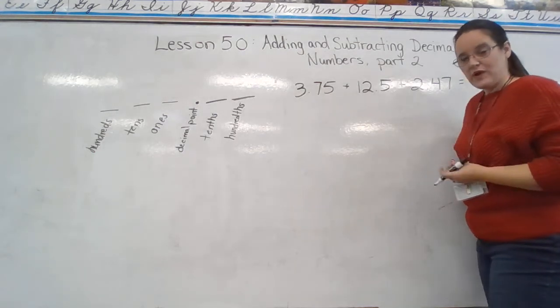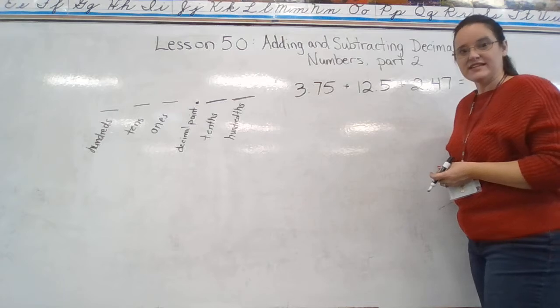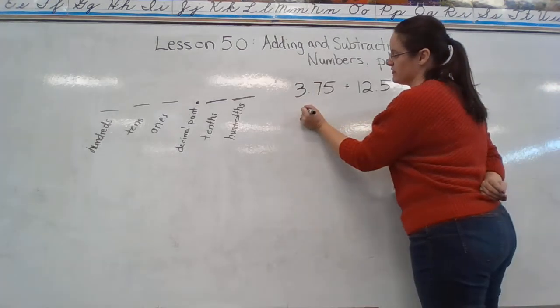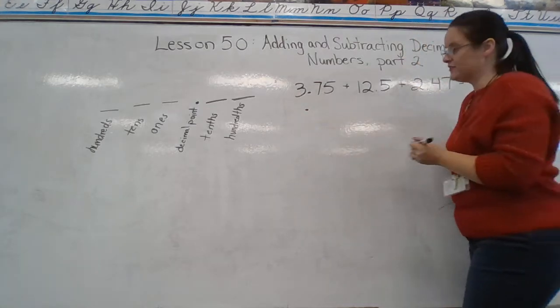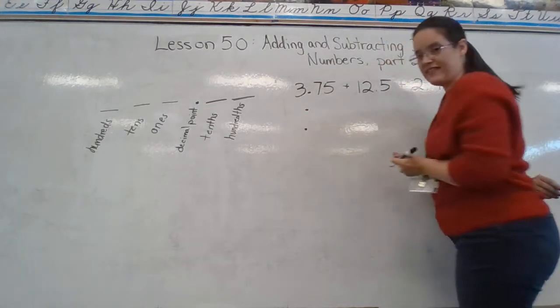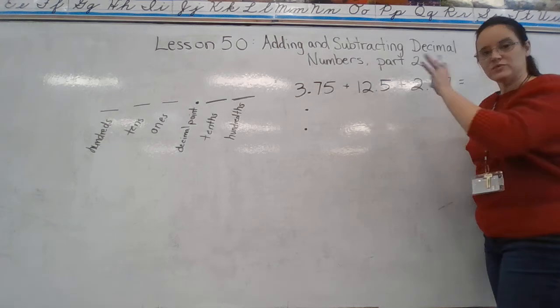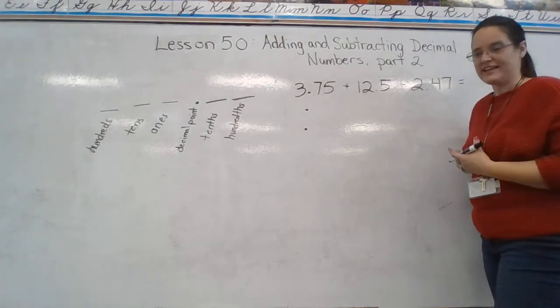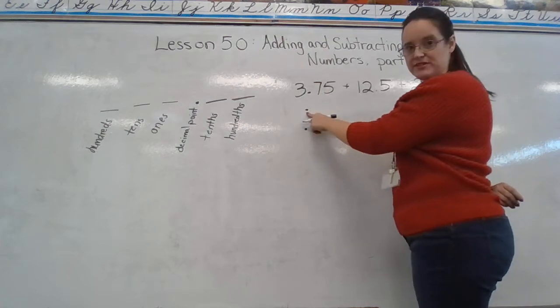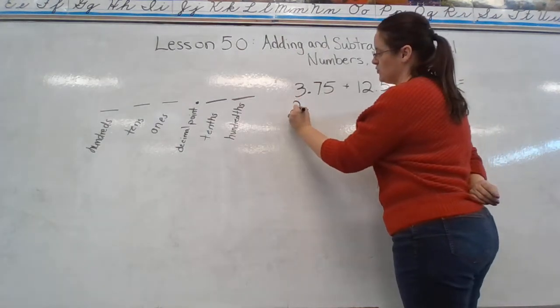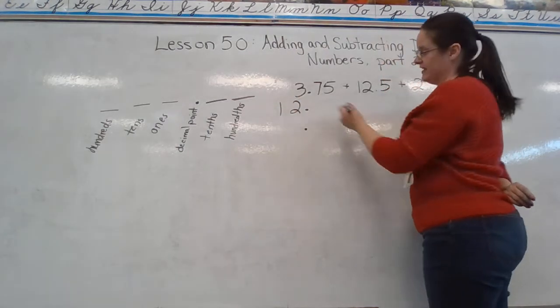The best way that I have found to do this is to start with your decimal. If you make sure to line up all of your decimals, then the rest of your place values will fall into place naturally.